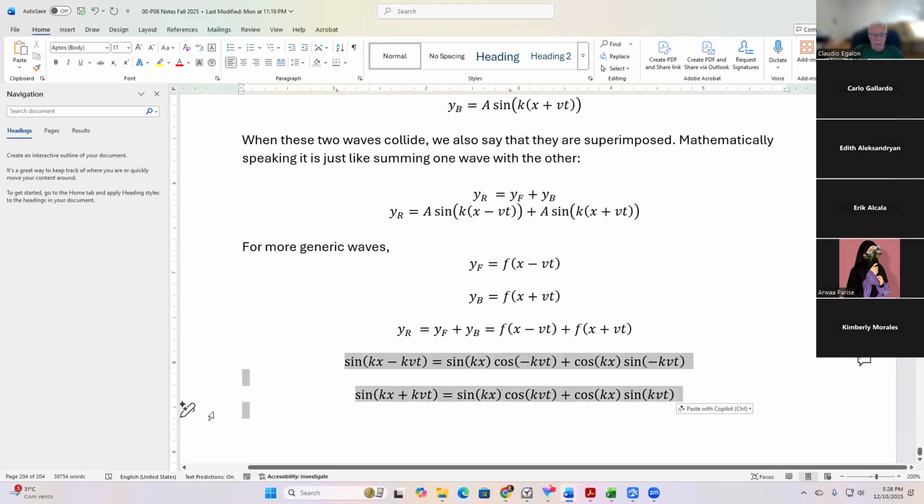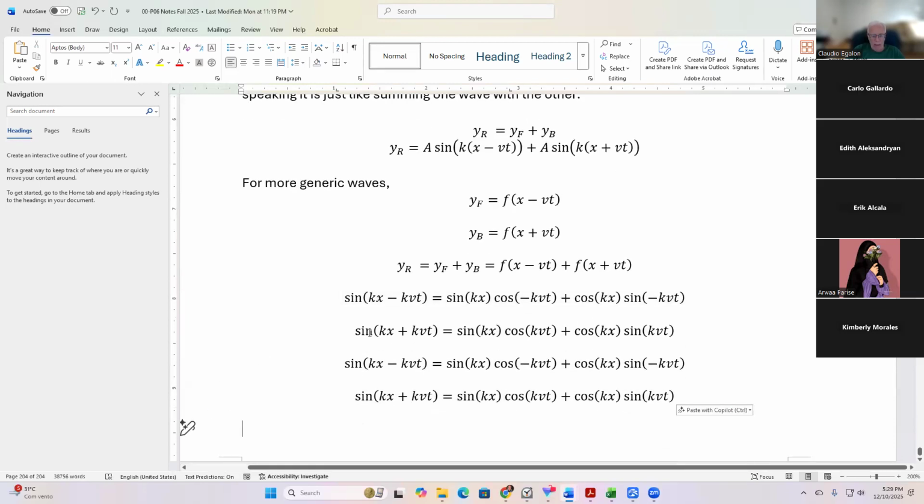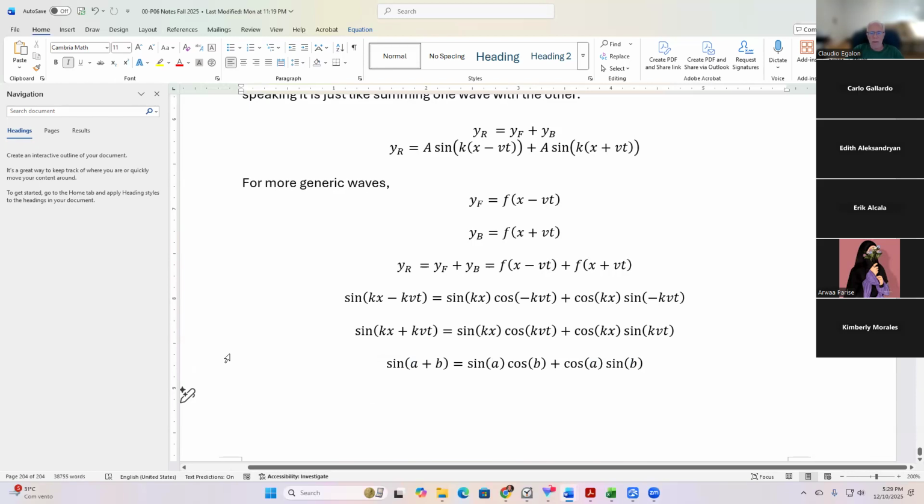Let me write that down. Sine of A plus B, right, is sine of A cosine of B plus cosine of A sine of B. No t there. And we don't need to rewrite that. I have applied this. What you see right in here is exactly what you see right in here.